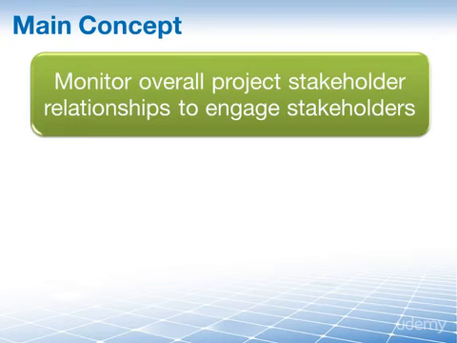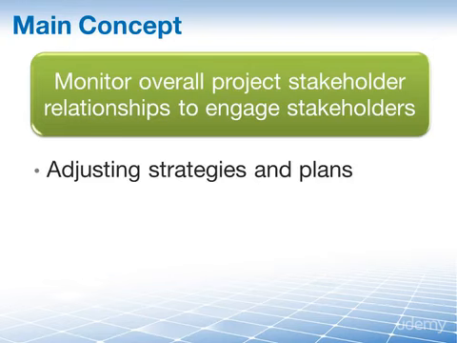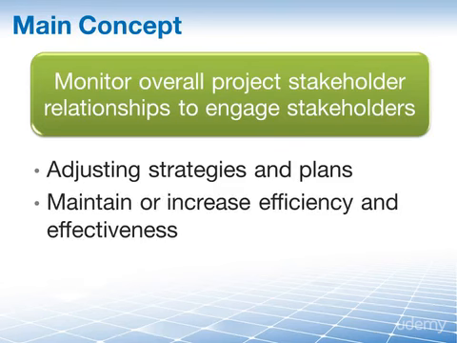This can sometimes require that we adjust our strategies and plan to keep these stakeholders engaged. And that's fine. That is preferable actually, because then we can continually improve our relationship with them. The key benefit of the process is that it will maintain or increase the efficiency and effectiveness of stakeholder engagement activities as the project evolves and its environment changes.